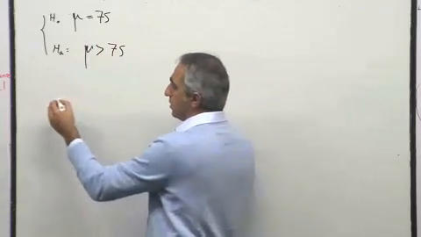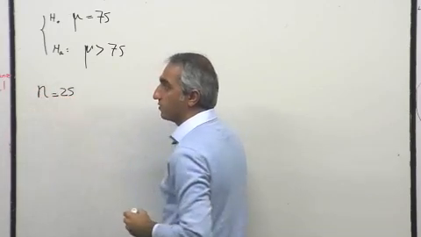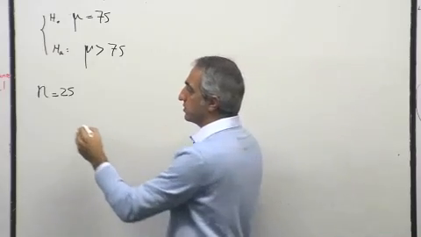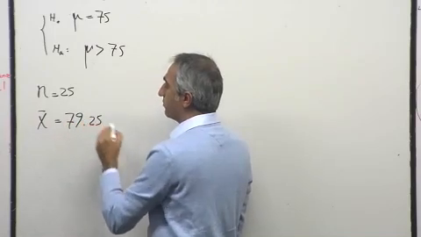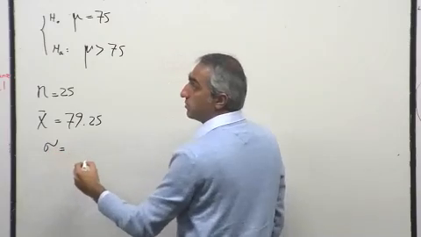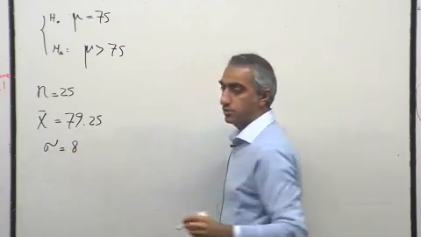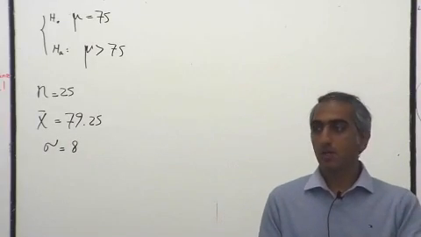Okay. So we collected a sample, which is basically executing one command 25 times, and the x bar for this sample is 79.25, and we know that sigma is 8. From past experience, from historical data, it is known.